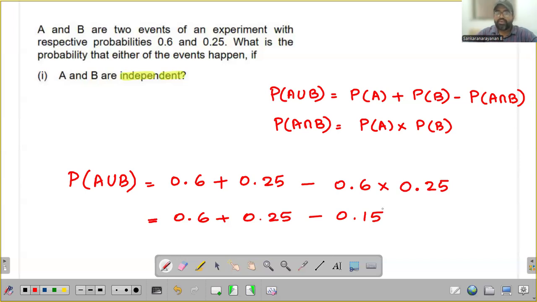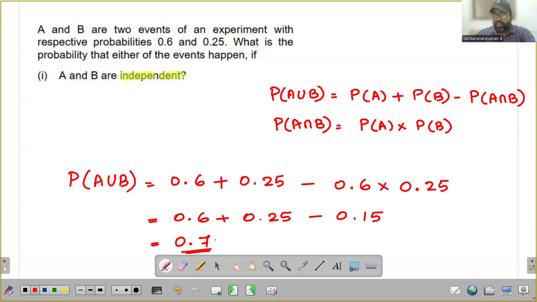Upon further calculation, it is 0.6 plus 0.25 minus 0.15, and the answer will come as 0.7. All right. So for this question, when A and B are independent, the value of P of A union B will come as 0.7.